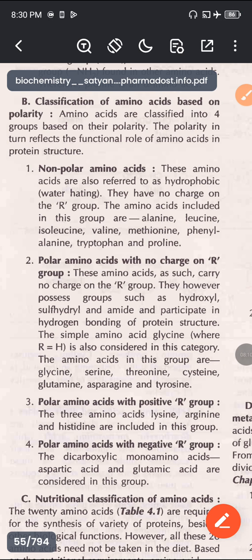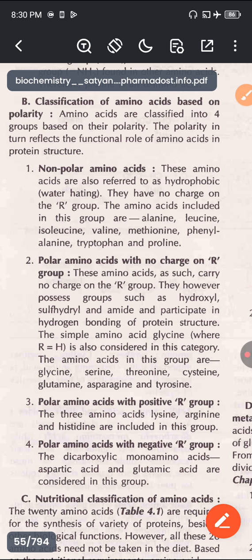There are those that have charge and those that don't. We will see that when we come to basic and acidic amino acids. That is why we do the titration of amino acids.